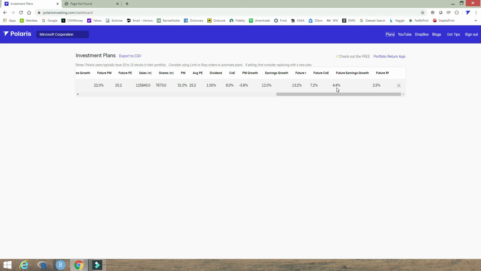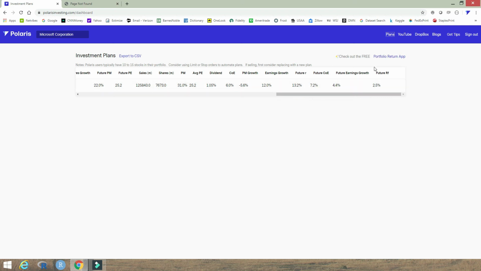Can Microsoft grow its earnings 4.4% when the economy is only growing at 2.5%? That's almost double the growth of the overall economy. It's almost double the rate of return that Microsoft would be expected to earn on its projects.